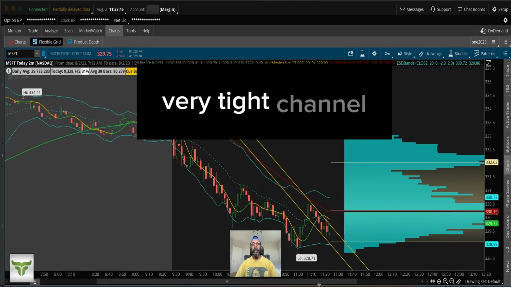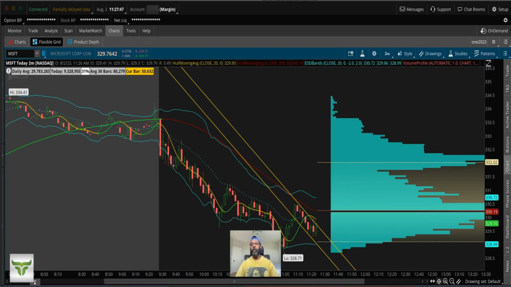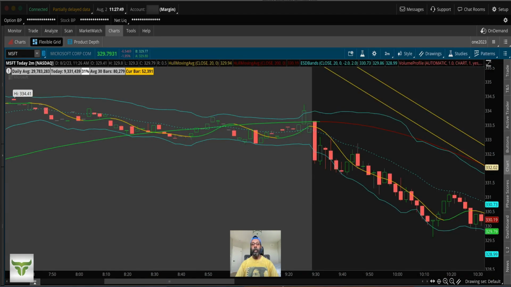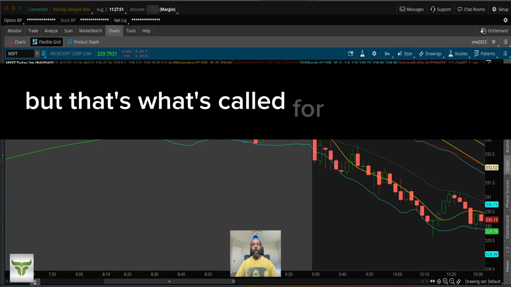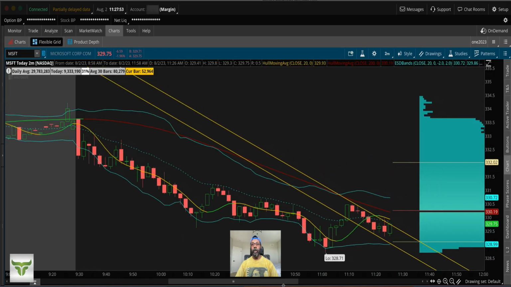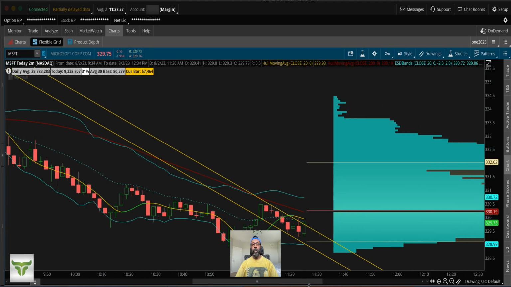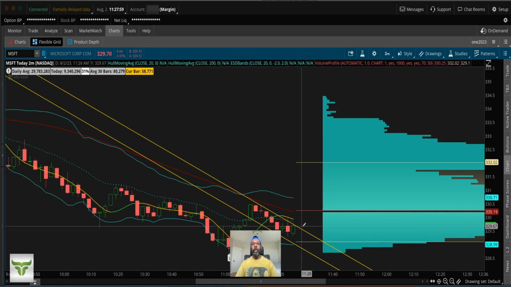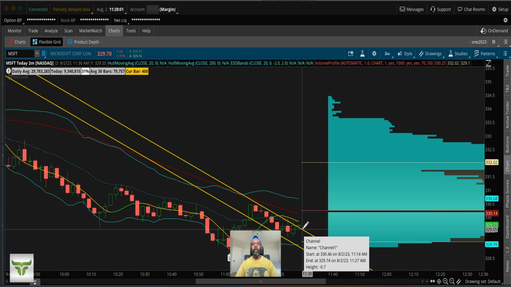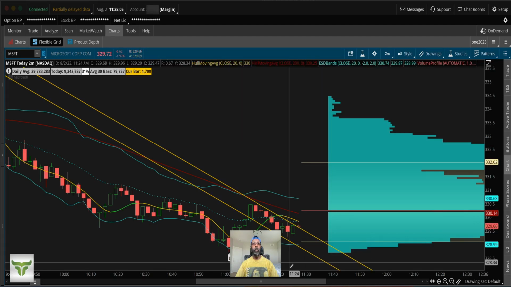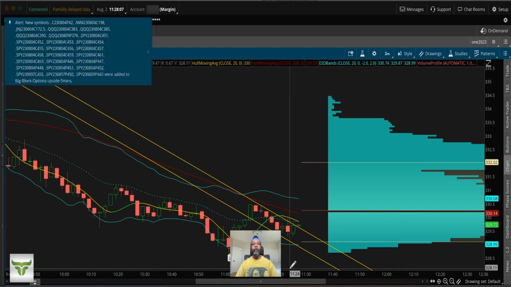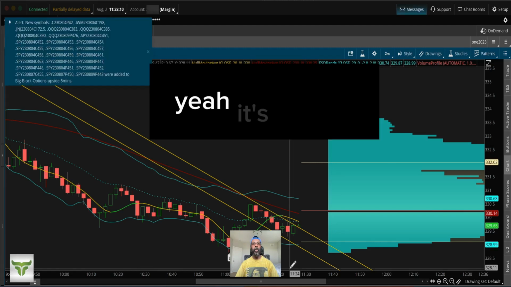Very tight channel. But that's what's called for in this situation. What's this slope? Yeah, it's doable.